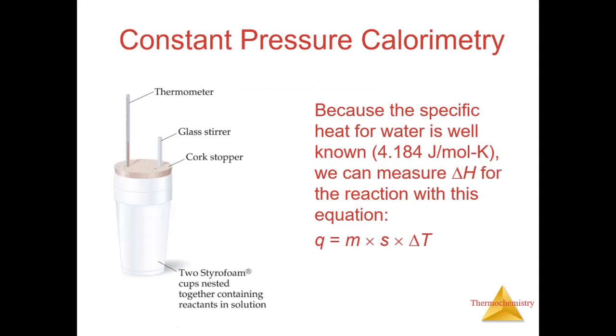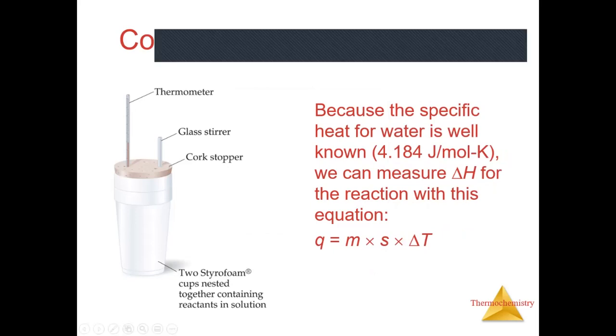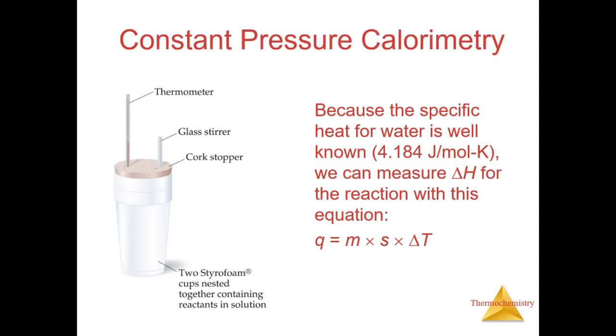So we're able to use water as the substance that surrounds our reaction. And then we're going to be able to tell how much heat the water gained. The heat that the water gained is how much the reaction lost.